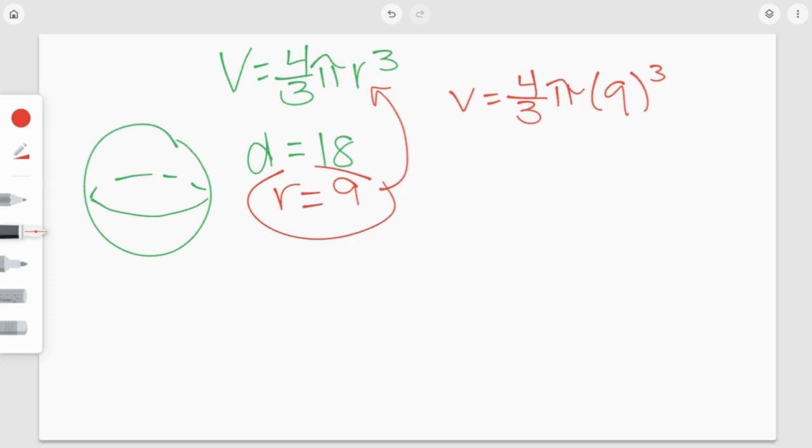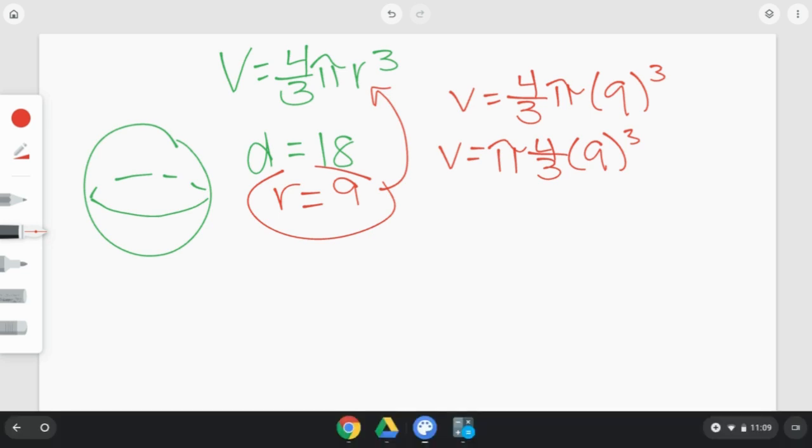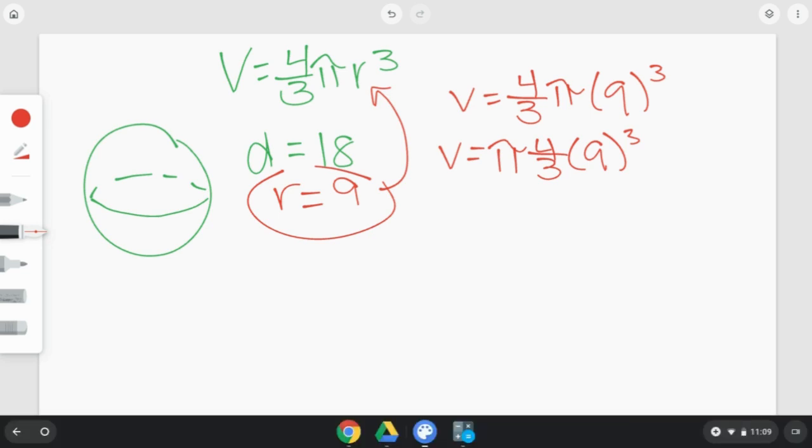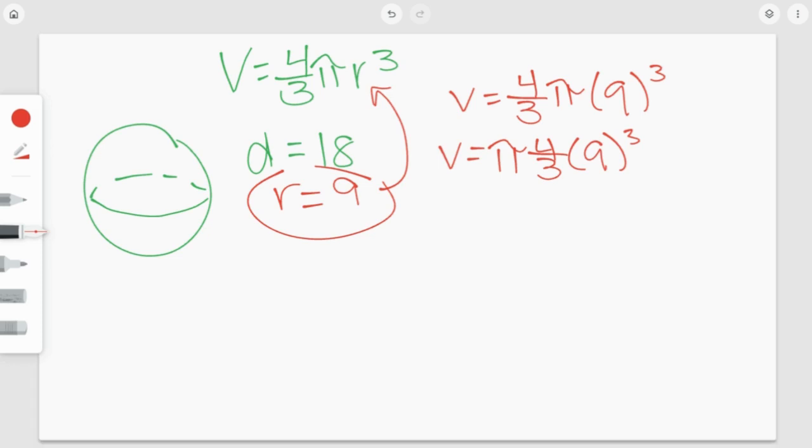So first I'll rearrange, and I'll do pi 4/3 9 cubed just to put everything next to each other. I'm going to go to my calculator and do 9 cubed and then times 4/3. To find out what 9 cubed is, you can use your calculator, or some of you know that it's 9 times 9 times 9. So put 9 times 9 times 9 in your calculator, and that gives you 729. We're going to end up multiplying that by 4/3 and then eventually by pi.